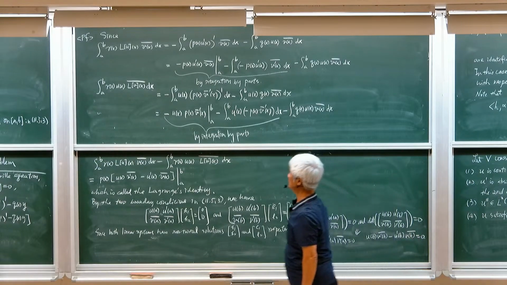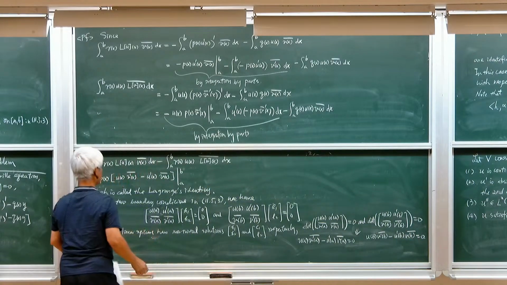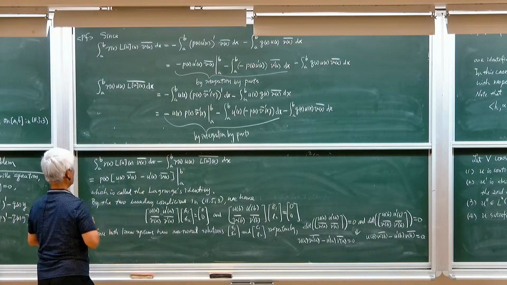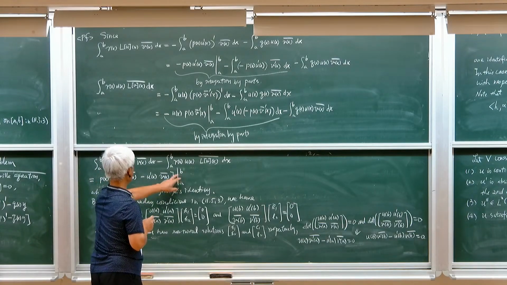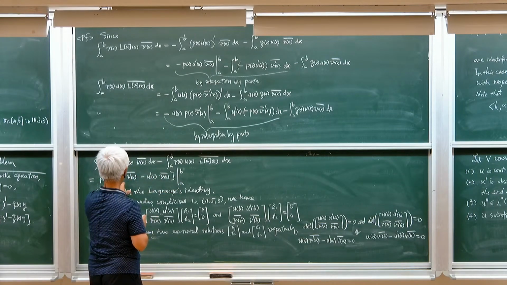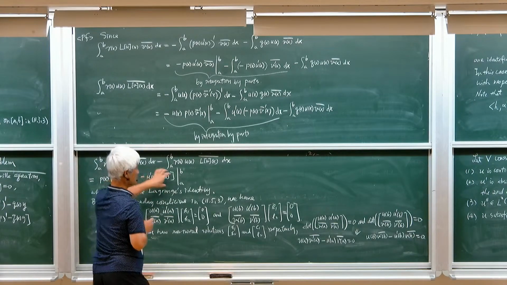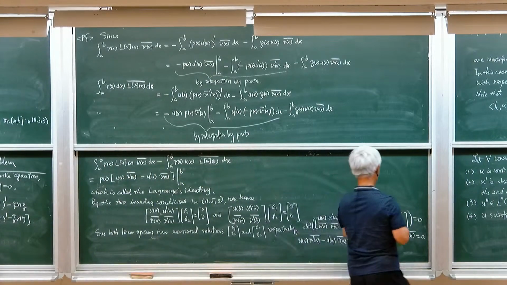Okay? So we see here that when we put b here, u(b) v̄ prime(b) minus u prime(b) times v̄(b), this is 0.